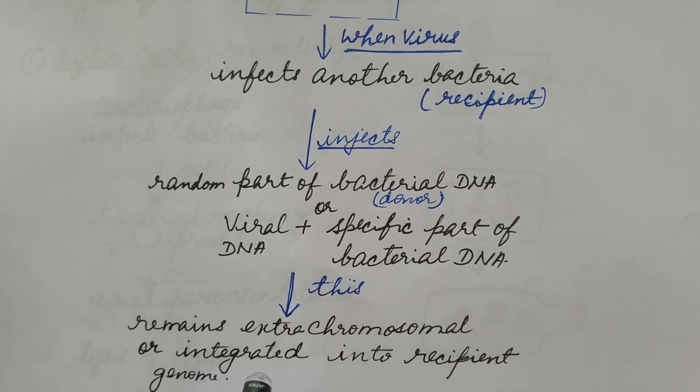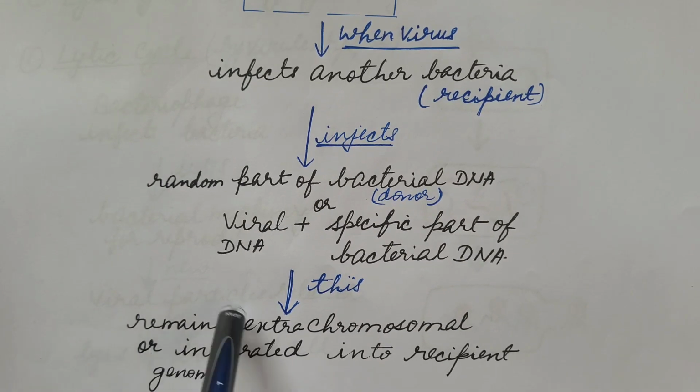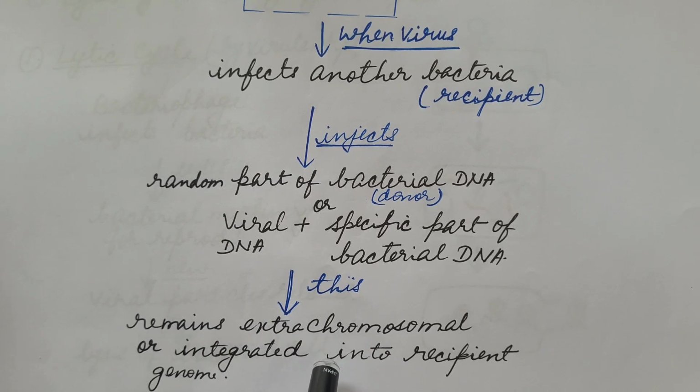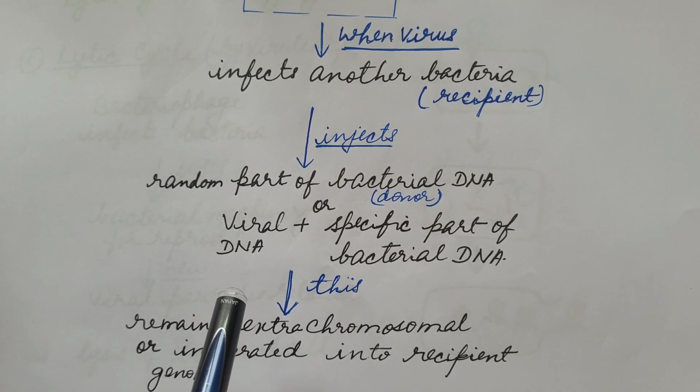That is, recombinant is formed or recombination takes place. Their fate, whether it will remain extra chromosomal or will get integrated, depends upon the portion of the bacterial DNA, whether it is homologous or non-homologous, and also depends upon the nature of the bacteriophage virus, whether it is virulent or temperate.